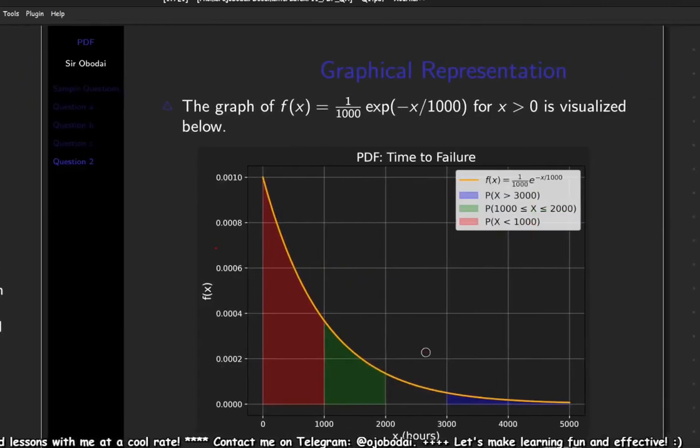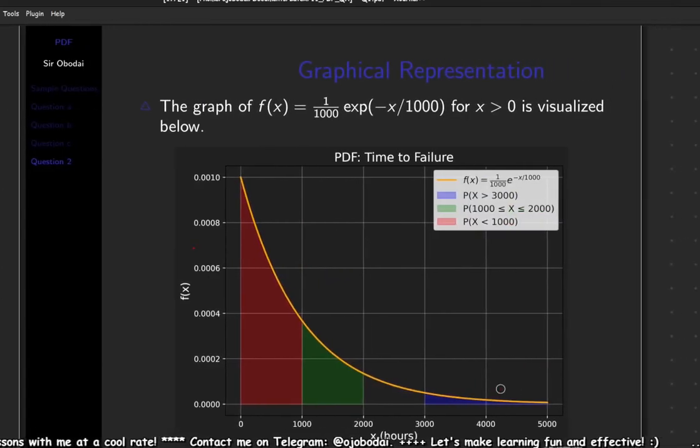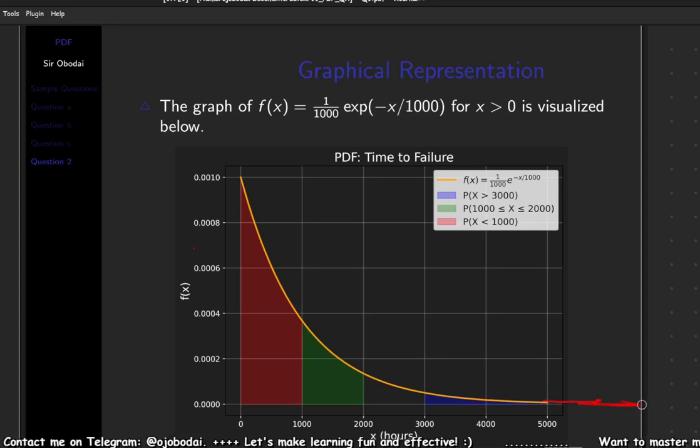The function goes from 0 and on and on. Remember, for an exponential, as the value of x approaches infinity, the function approaches 0. That is why it is trying to end over here.